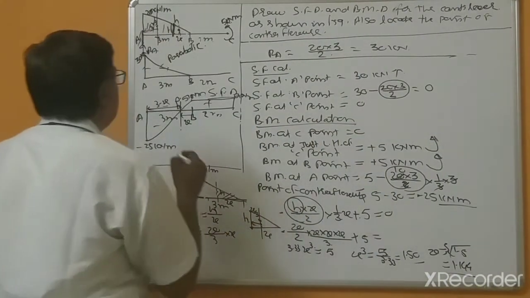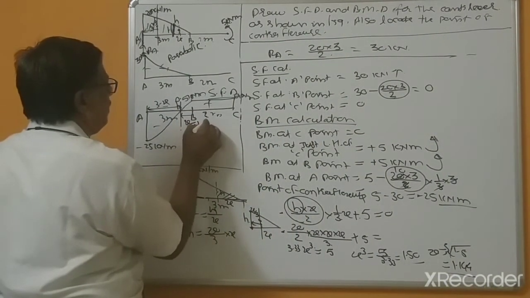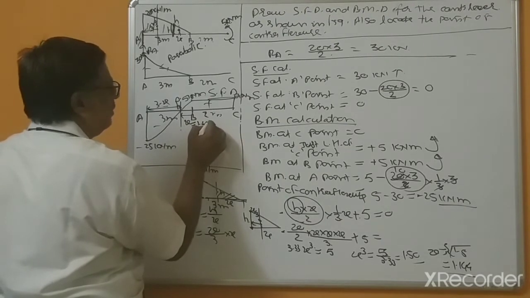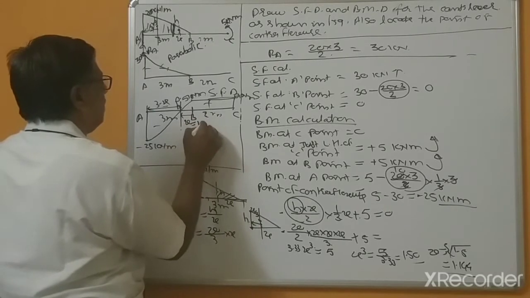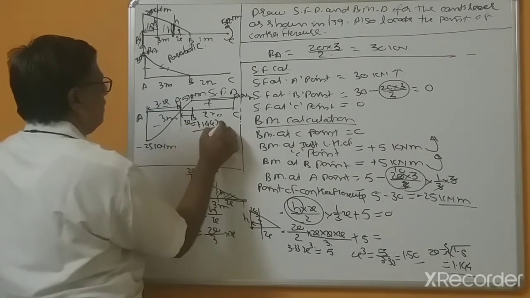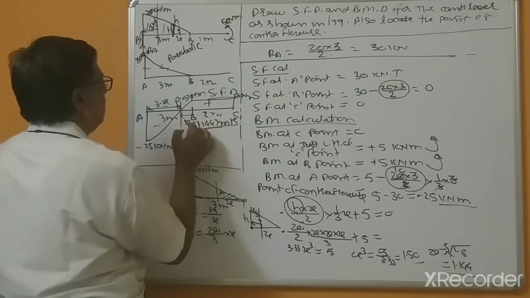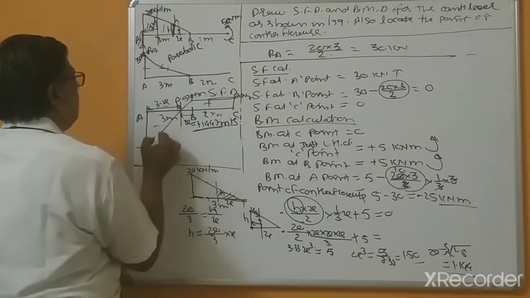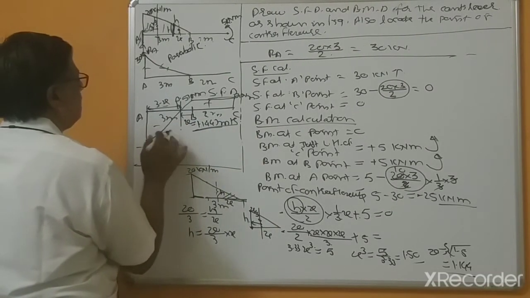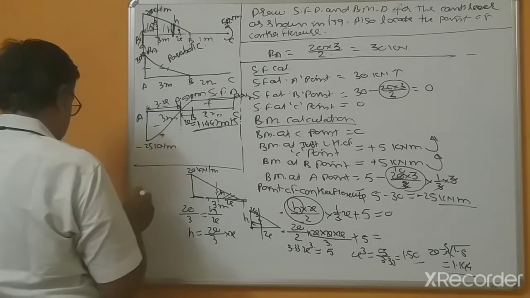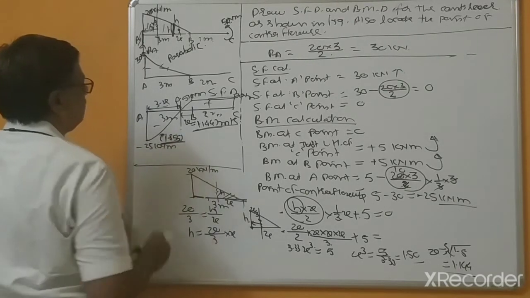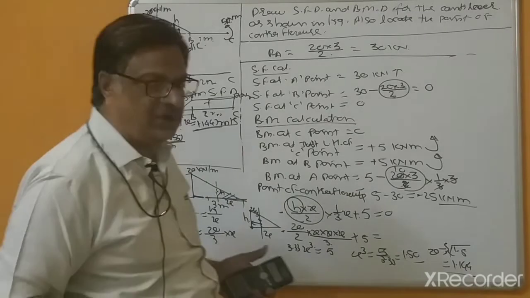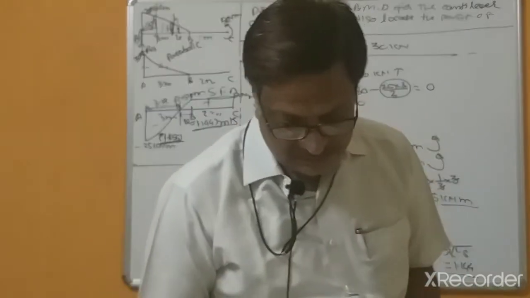So this distance x equals 1.44, 1.47 meter. And the remaining distance is 1.855 meter. This is your expected answer.